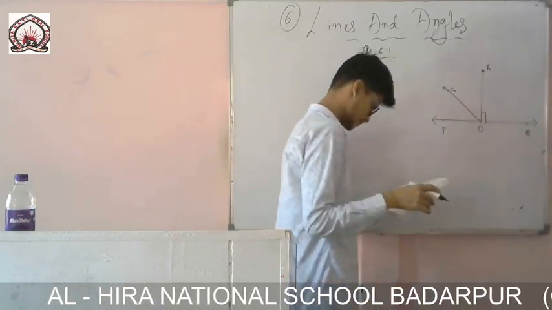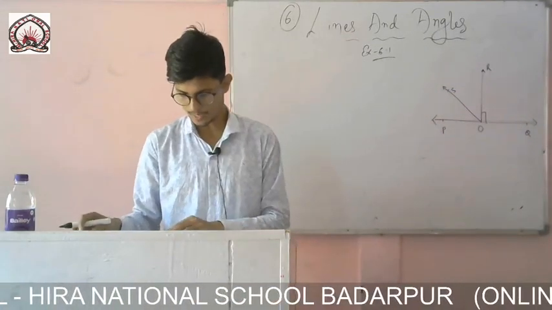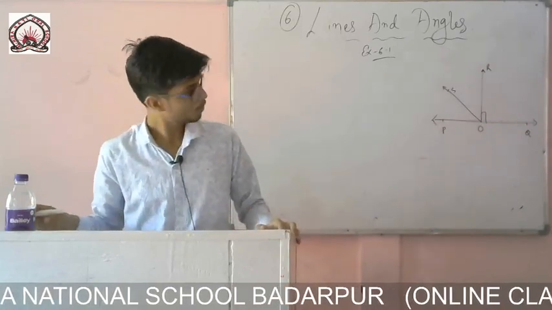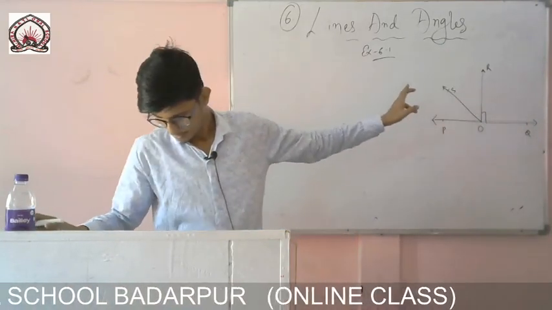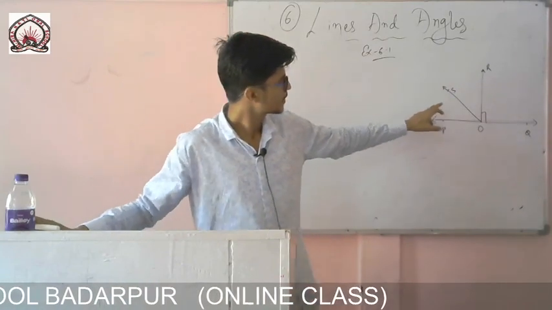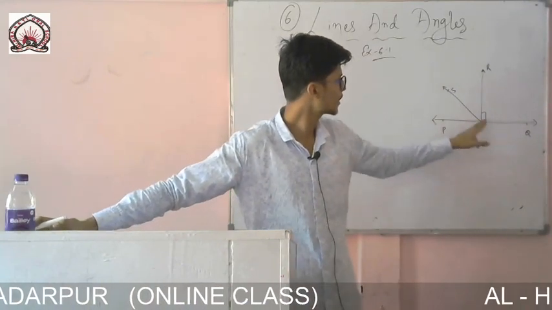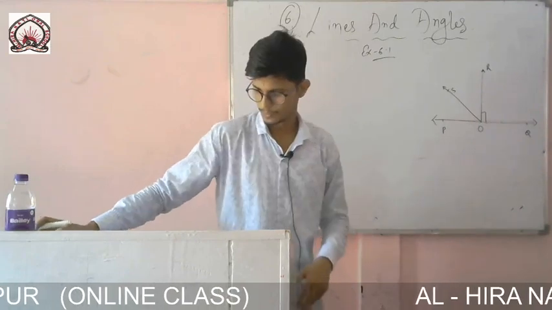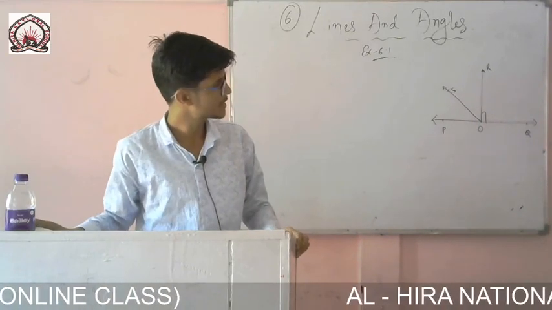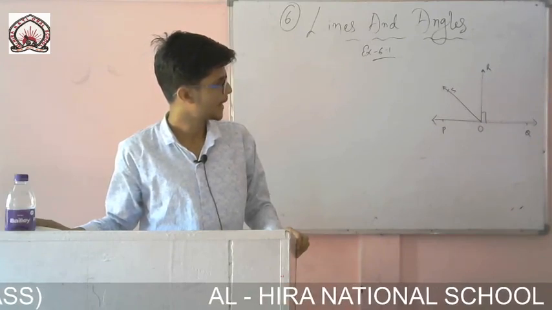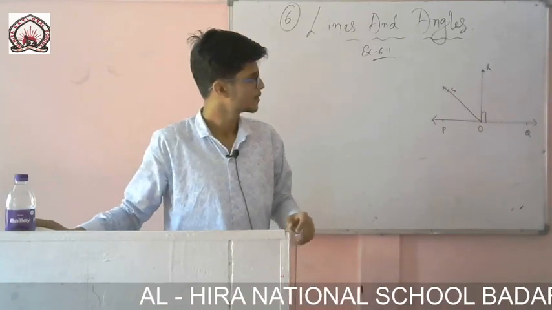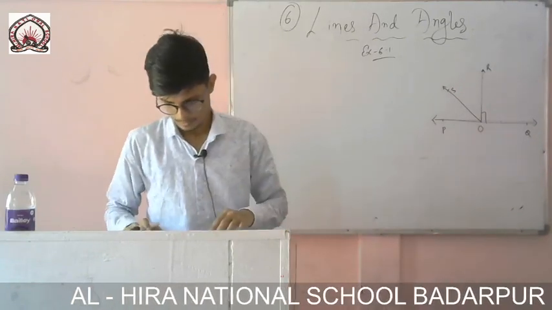So these are the things. So the question is to find that angle ROS is half of angle QOS minus angle POS. Okay, so you have to find this one.